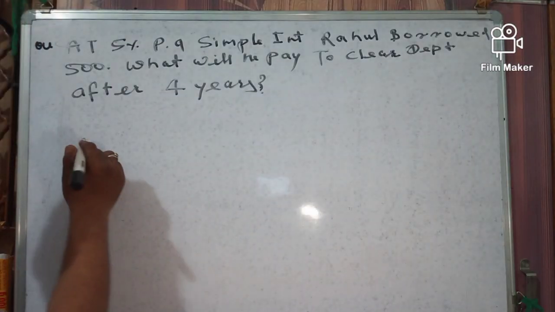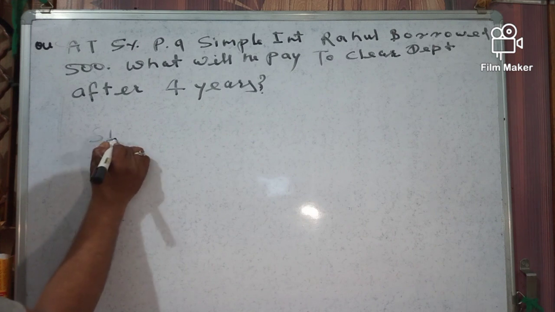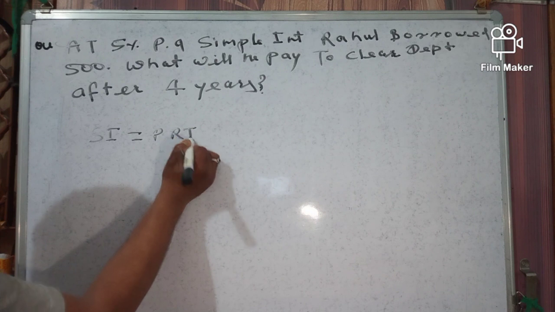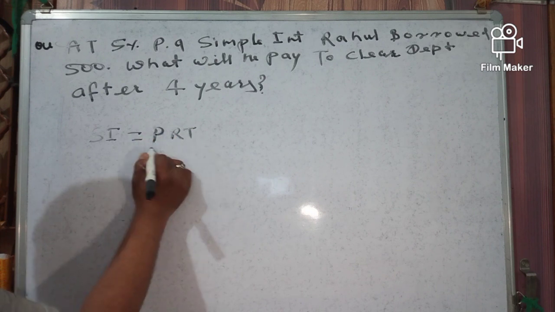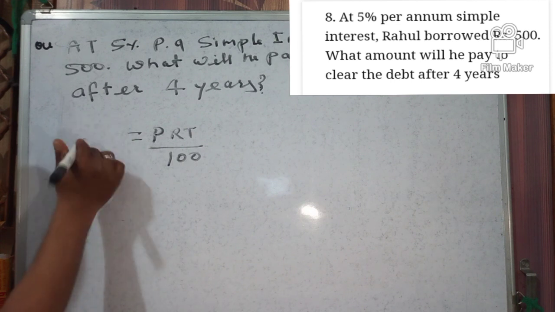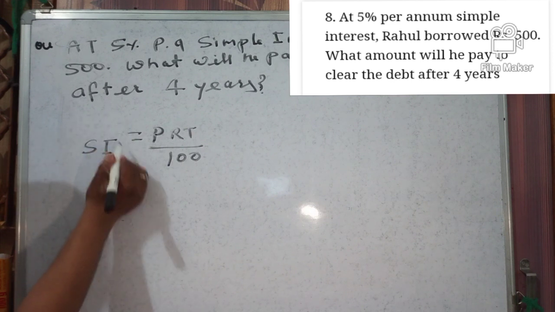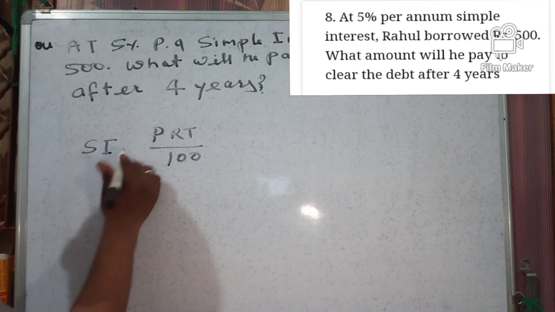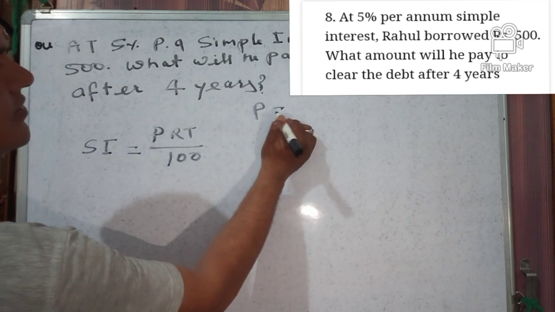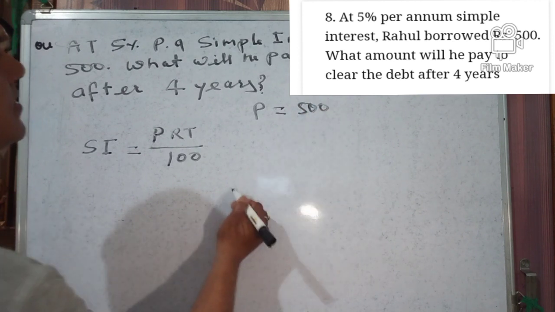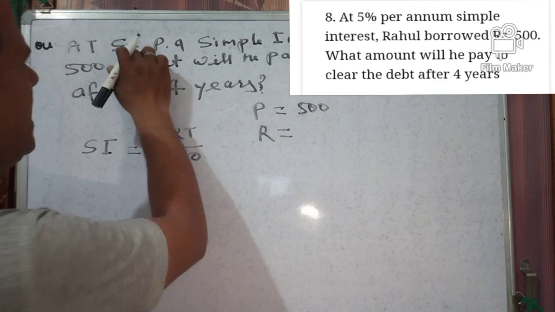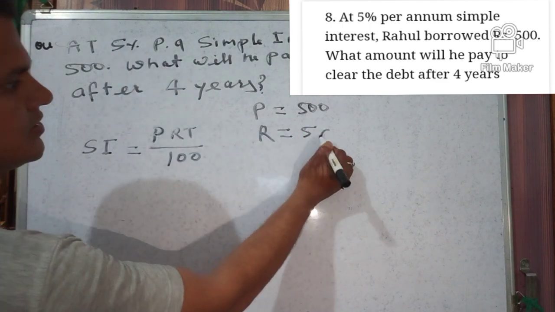So see here, simple interest is equal to PRT by 100, right? Principal is given 500 and rate of interest is 5%, right?